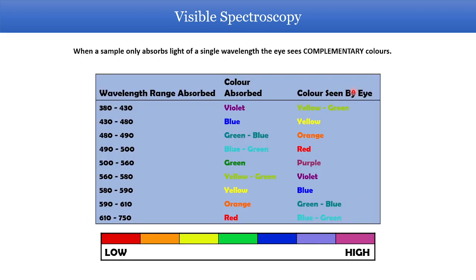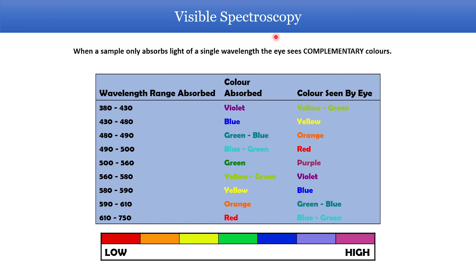So these are the different wavelengths of light that are absorbed, and the color absorbed is very different from the color seen by the eye. The color that the object reflects is what our eye captures.